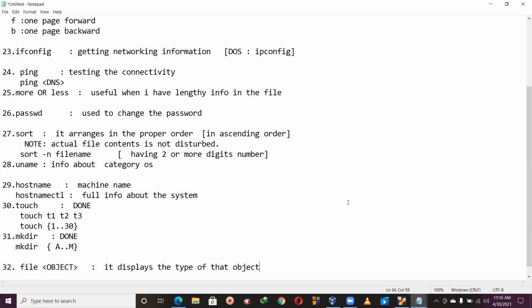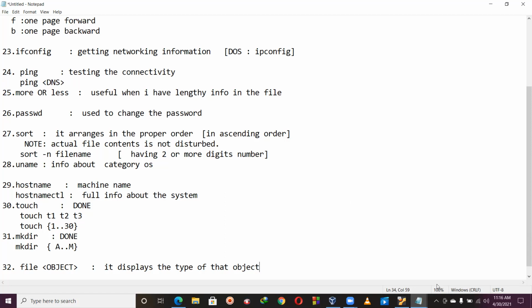Got my point? So the .txt extension also belongs to ASCII.